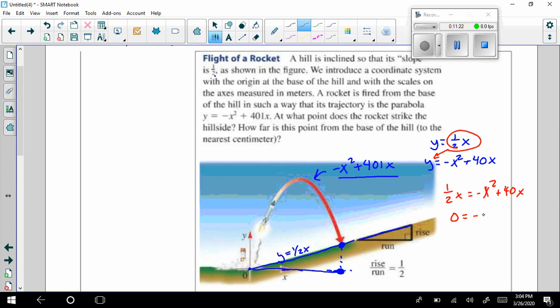So 0 equals negative x squared plus, I would write that as 79 over 2 x, which is 39.5. So that you can then multiply everything. I'm going to multiply by -2 and get rid of the negative and the half at the same time. So we get 0 equals 2x squared minus 79x.